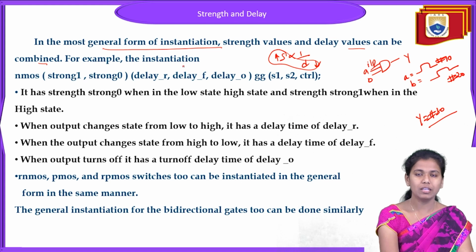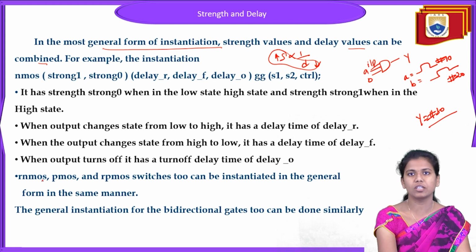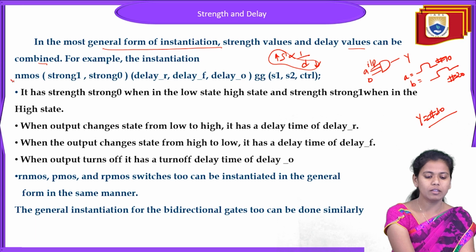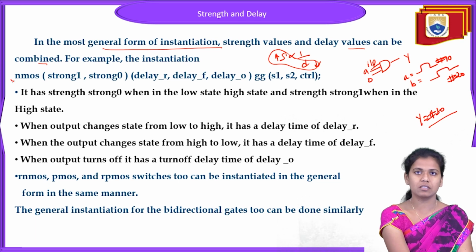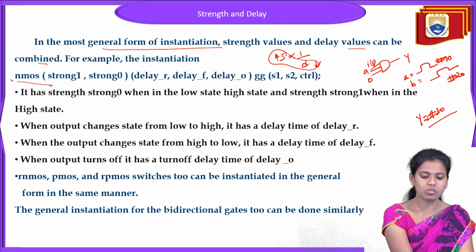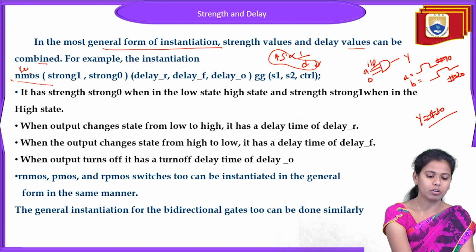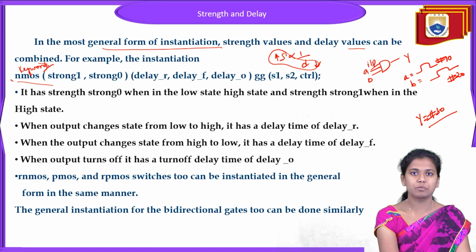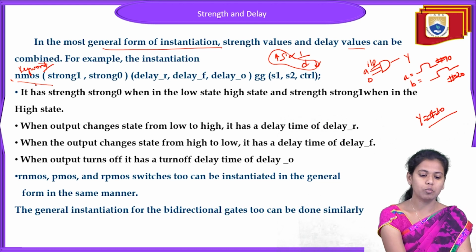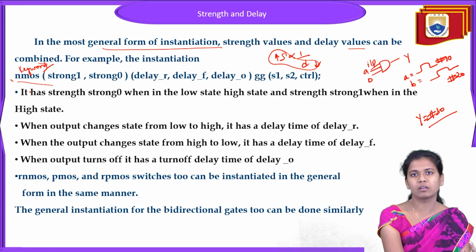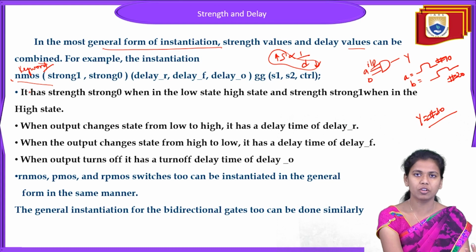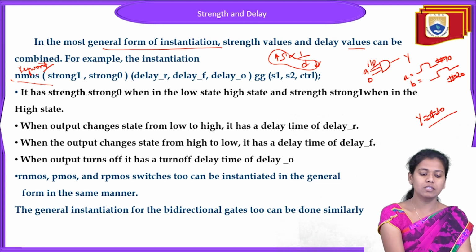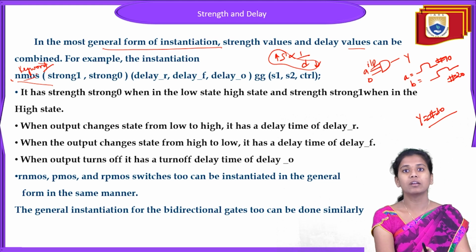For example, when it comes to the instantiation, this is the NMOS transistor that I am considering. NMOS is a keyword. In the previous classes, we have discussed many times that keywords play a prominent role. Whatever combinational or sequential circuit you are considering, always remember that the keyword will represent the particular circuit.